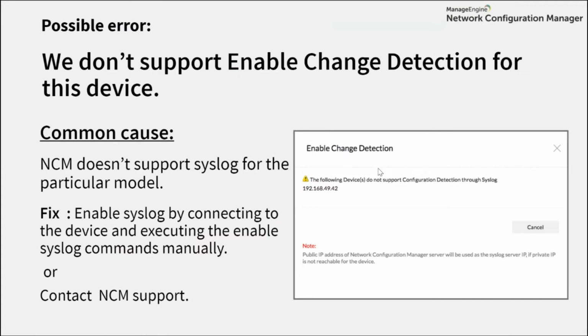A possible error that you could face with real-time change detection-based backup is that we don't support enable change detection for the device. This could be due to NCM not supporting syslog with that particular model. You can fix this by enabling syslog: connect the device to a telnet window and execute the enable syslog commands manually, or you can contact NCM support.